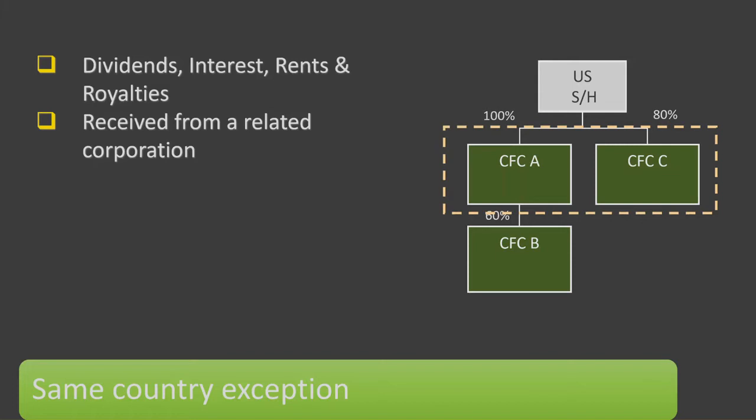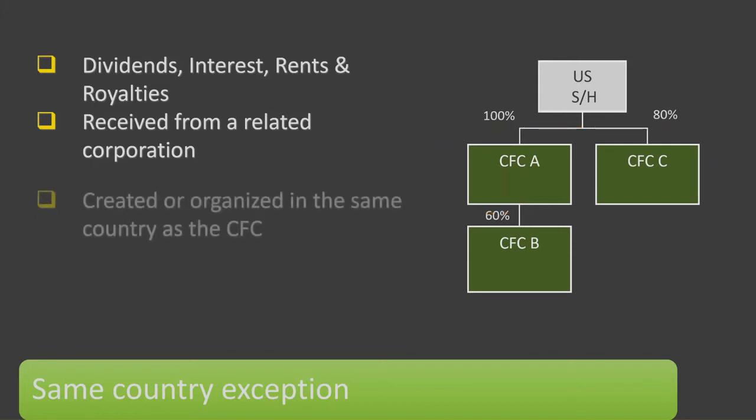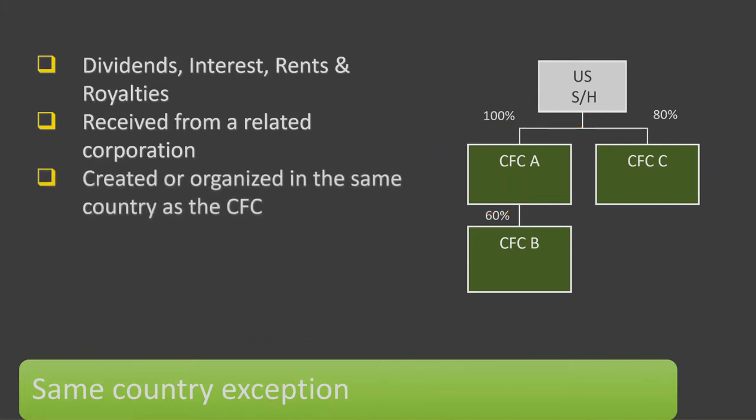Finally, in order to qualify for this exception, the related parties must be created or organized in the same country. The related corporation's activities must be substantially in that same country, or at least 50% of its business assets should be in that country of the CFC to fall under this rule. Continuing with our example, let's assume CFC-A and C are in country Y. CFC-B is in country X. We already confirmed the CFCs are related.